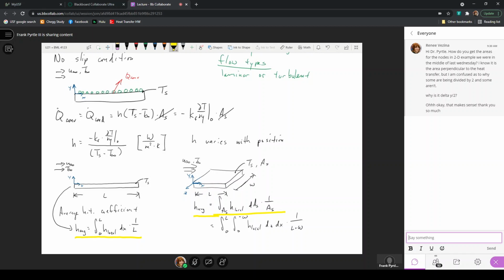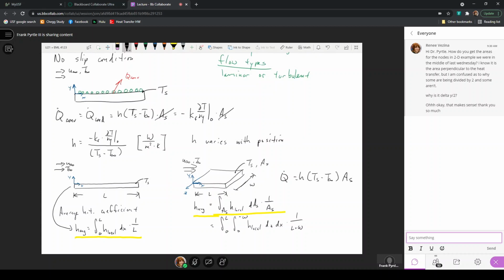So if I wanted to consider, well, what is the heat transfer rate by convection from, let's say, this surface? Well, the heat transfer rate by convection, again, is just the heat transfer coefficient times Ts minus T infinity times the surface area.